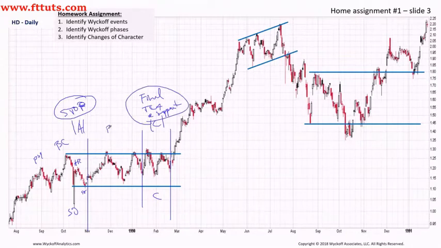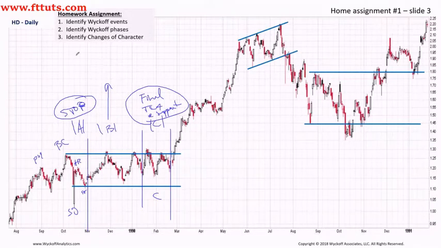Okay, so what's the intention behind phase B? Phase B essentially shows multiple areas of tests, testing the resistance to the upside and testing the support to the downside. Okay, well, I want you to come back to the schematics, because I put the intentions for each phase there intentionally, and I want you to remember those intentions.